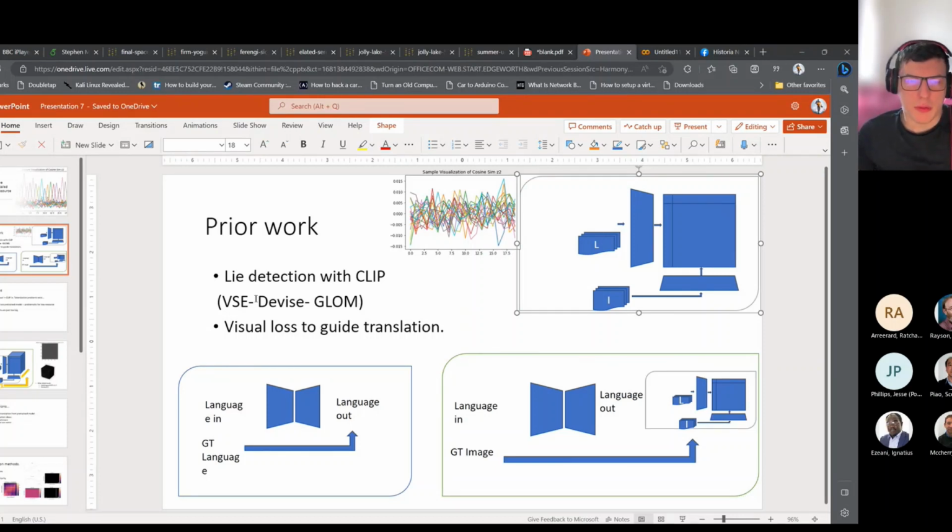This built on work with visual semantic embeddings, DeViSE, and something in the computer vision space called GLOM, which are the previous works to this, which look at doing multi-level image processing.